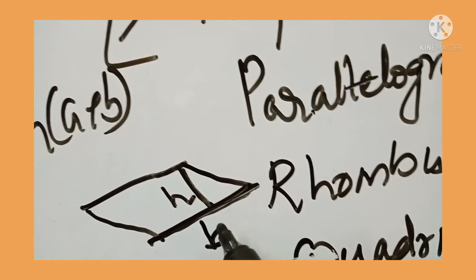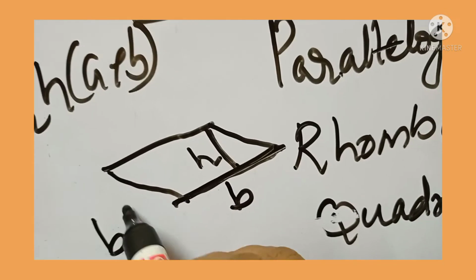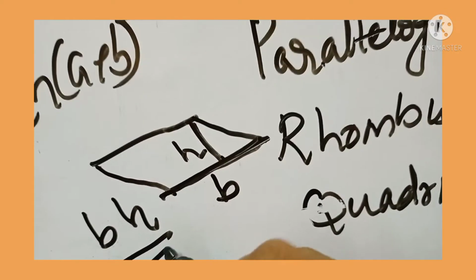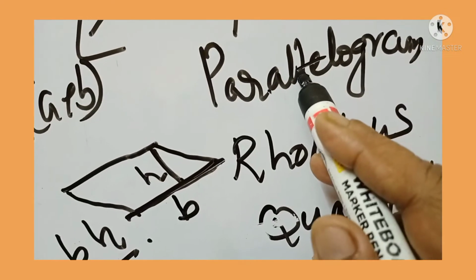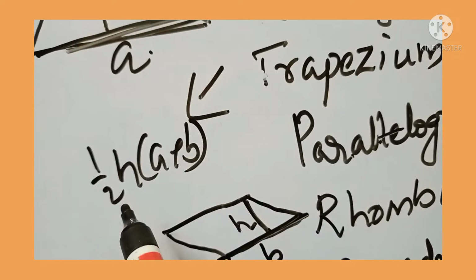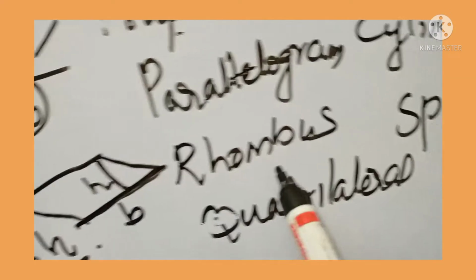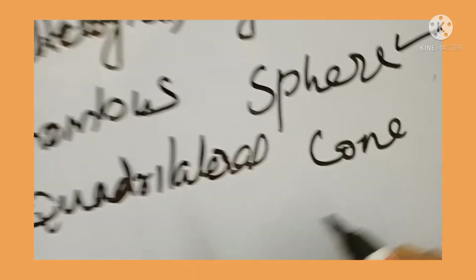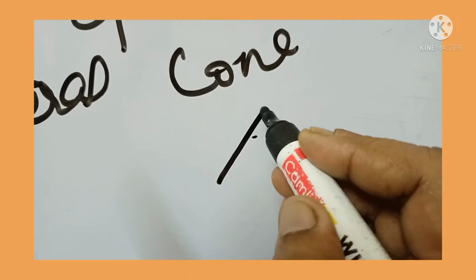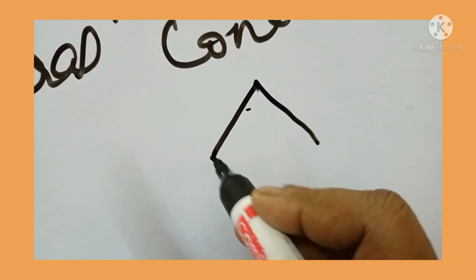And how can we find out the area? It is B into H. So B into H be the area of a parallelogram, and half into H into A plus B the area of a trapezium, and a rhombus. What is a rhombus? It is a parallelogram with all sides equal.